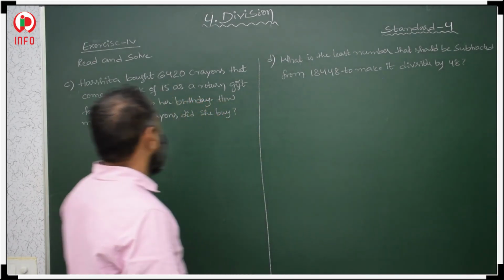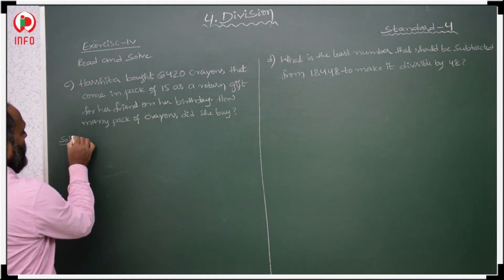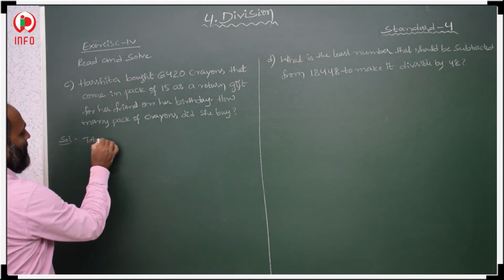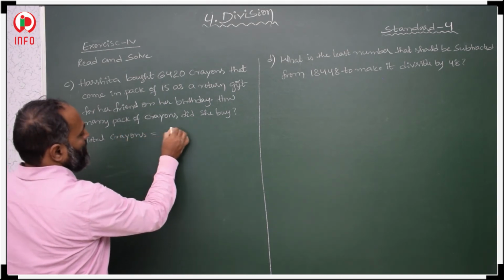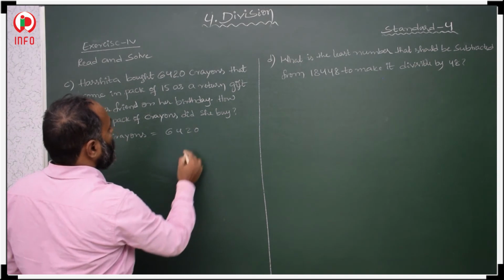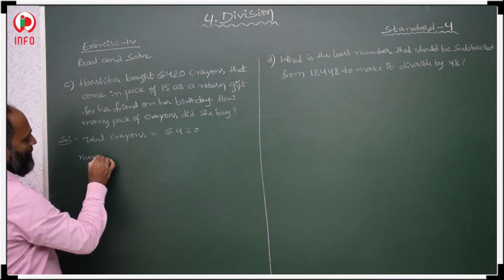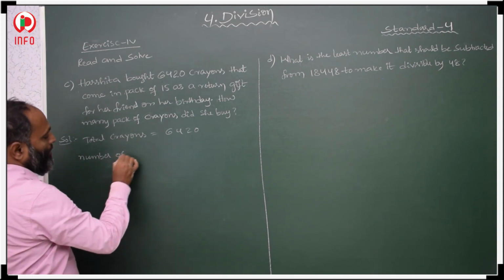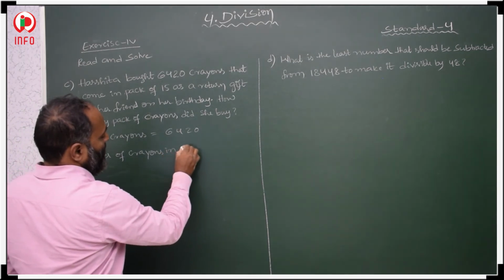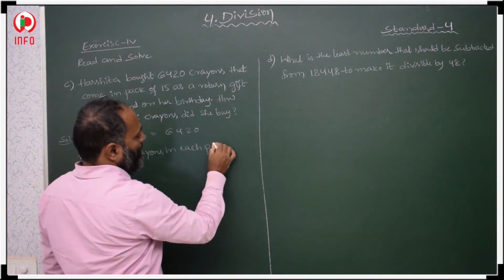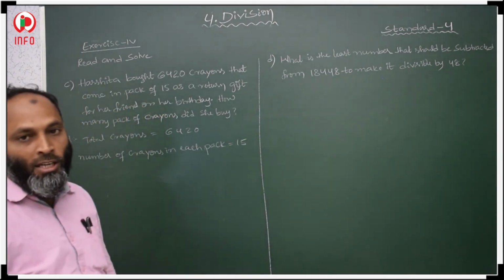Okay. First, total crayons: how many crayons were there? 6,420. The number of crayons in each pack: how many? 15 crayons were there in each pack.